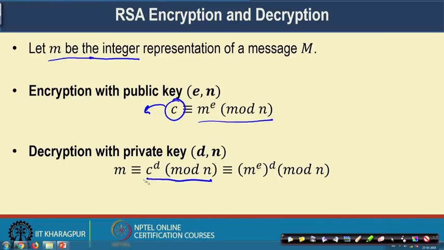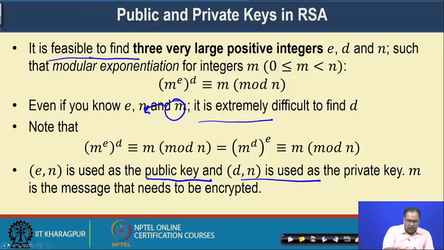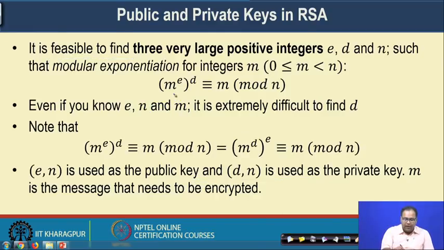Now, note that c to the power d mod n is equal to m to the power e to the power d mod n. What we discussed earlier is that we have generated e and d in such a way that m to the power e to the power d becomes equal to m mod n.